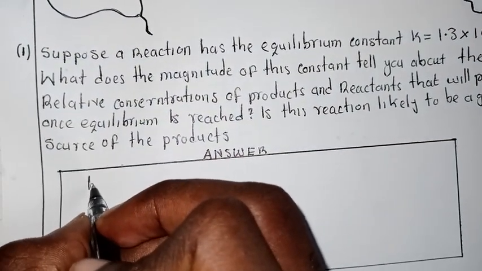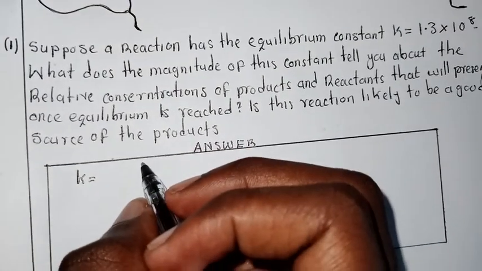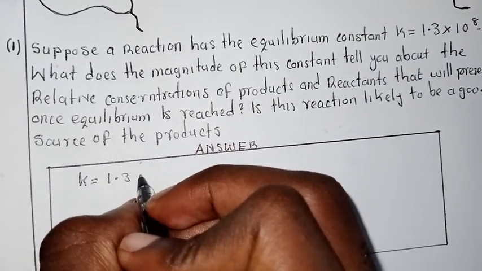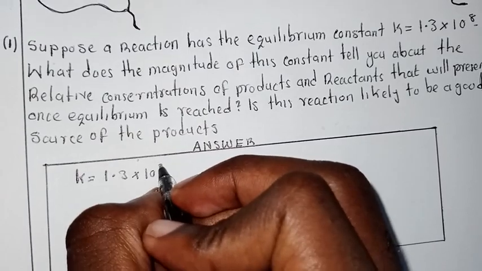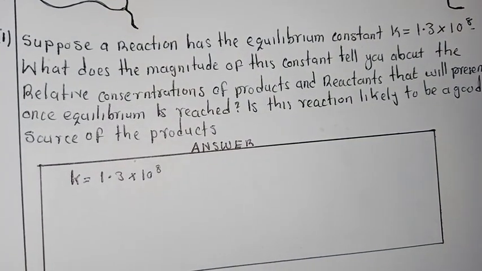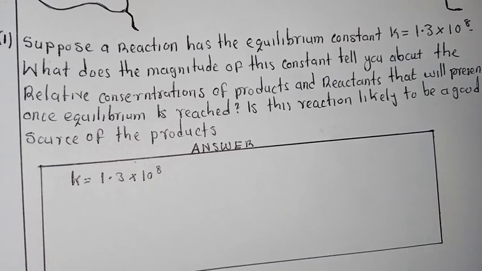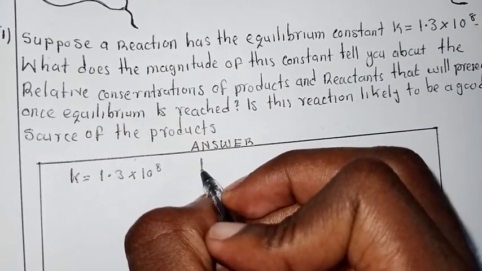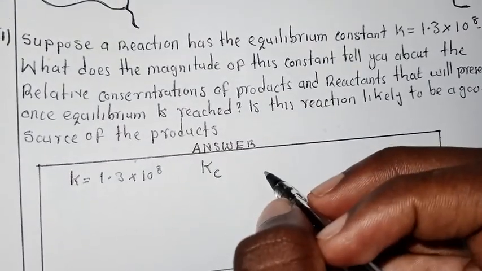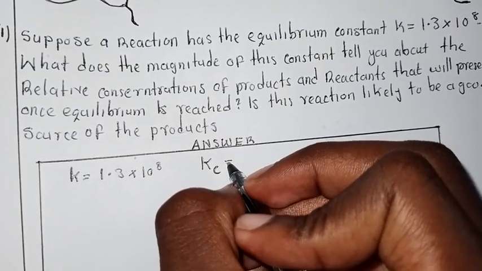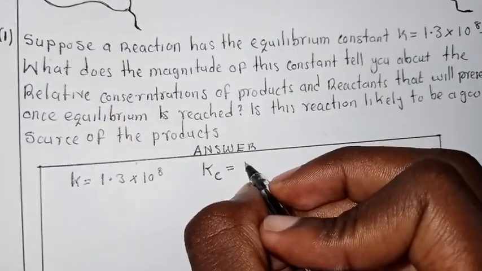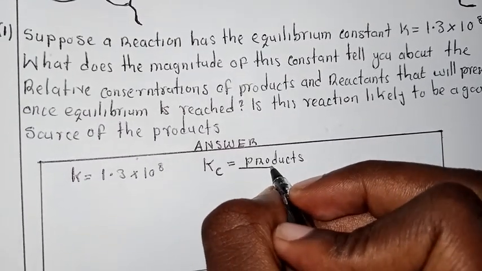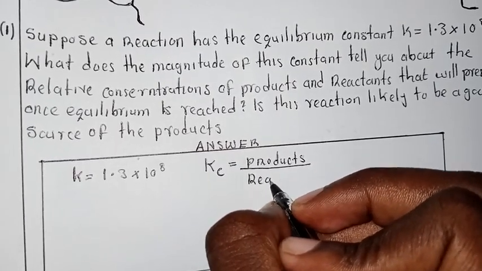So our equilibrium constant is a very much positive value. It is 1.3 multiplied by 10 to the power 8. It's quite a very big value. Then we know that when we want to find the equilibrium constant K, which happens to be Kc, it is simply products over reactants.